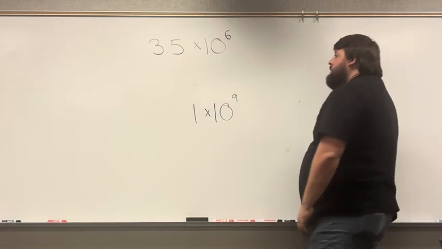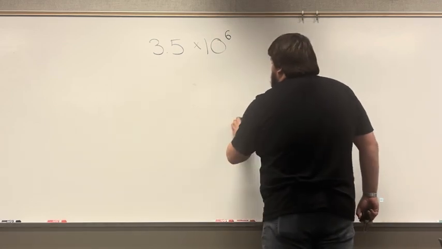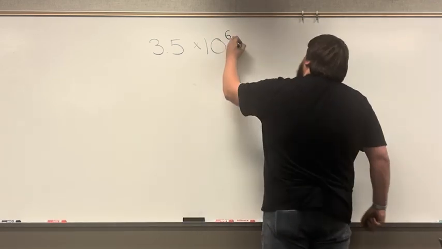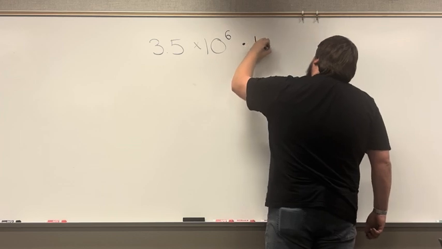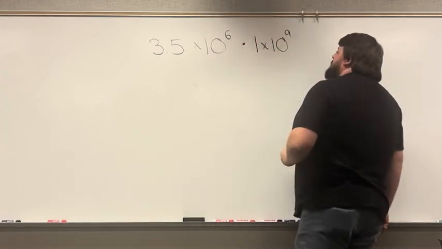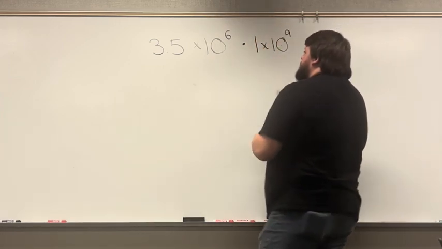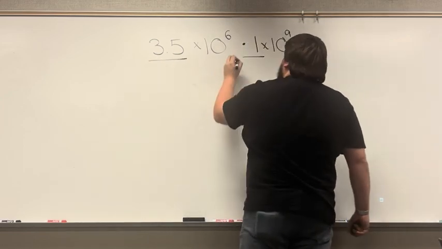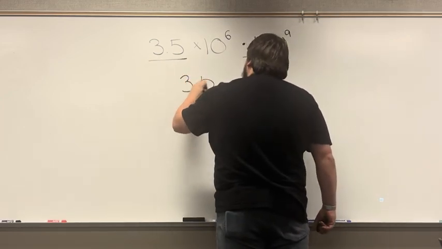So if we take 3.5 times 1 times 10 to the 9th, 3.5 times 1 is 3.5.